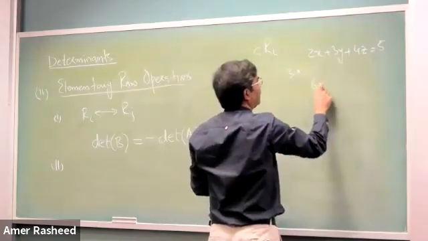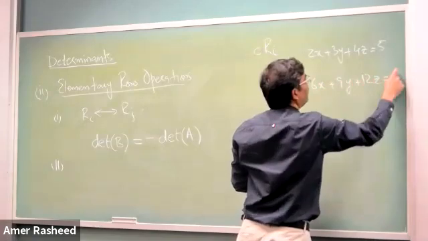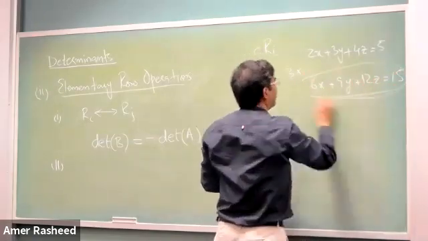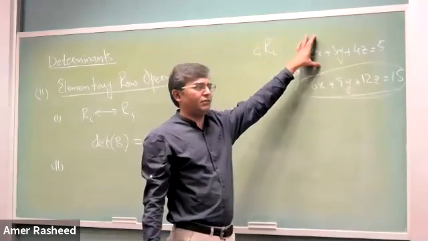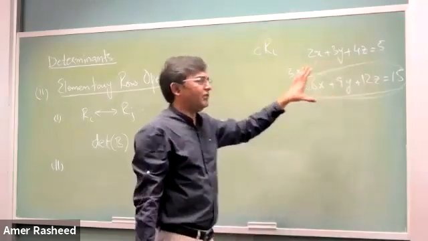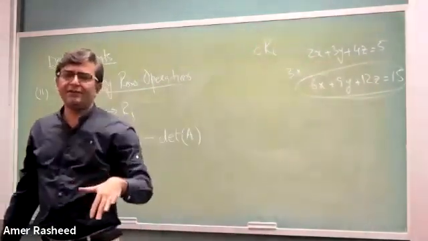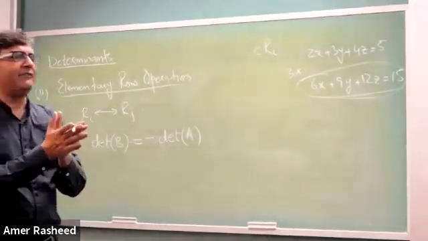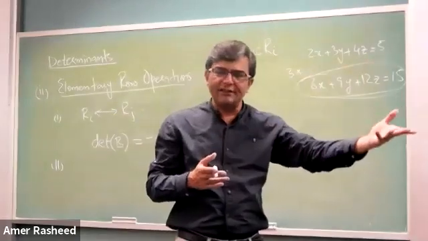What do we obtain? 6x plus 9y plus 12z is equal to 15. So nothing will change. This equation is exactly the same as the previous equation when we apply a constant on both sides of the equation. So the resulting linear system will have the same solution as the previous linear system.